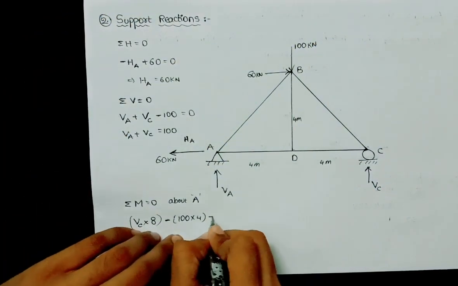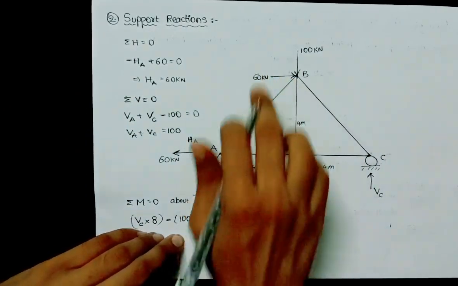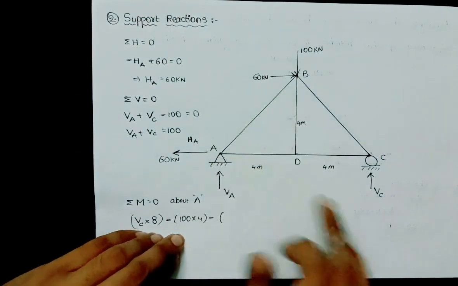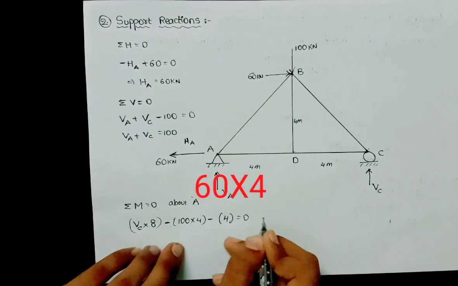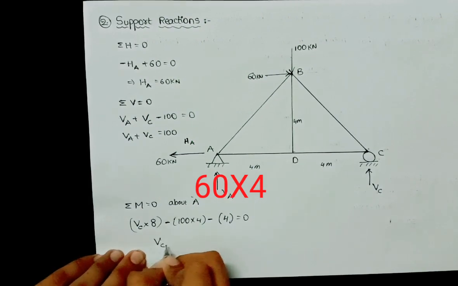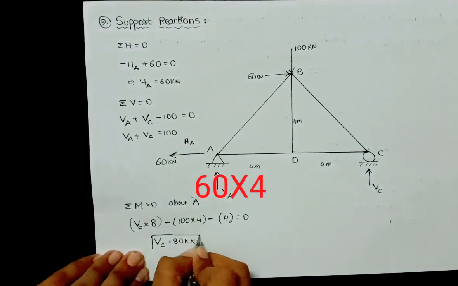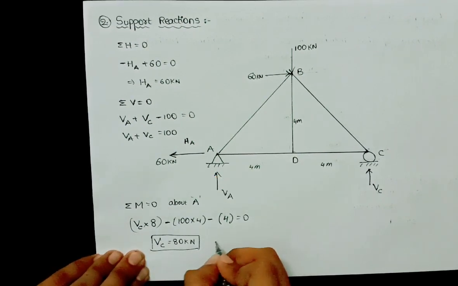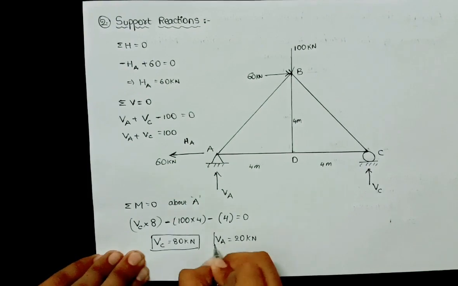It is in clockwise direction, so negative. 60 into the perpendicular distance, which is 4 meters, equal to 0. Therefore, after simplifying, I got Vc as 80 kilonewton, and Va as 20 kilonewton.